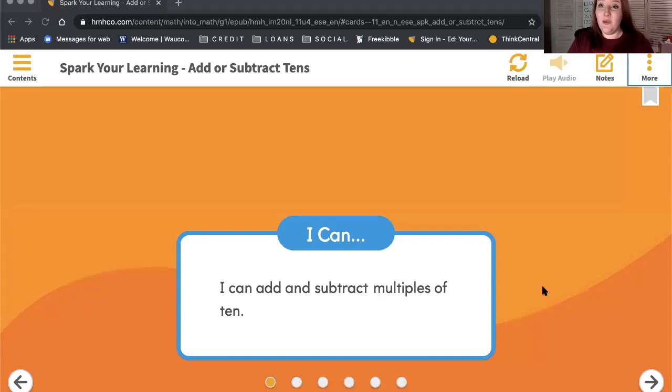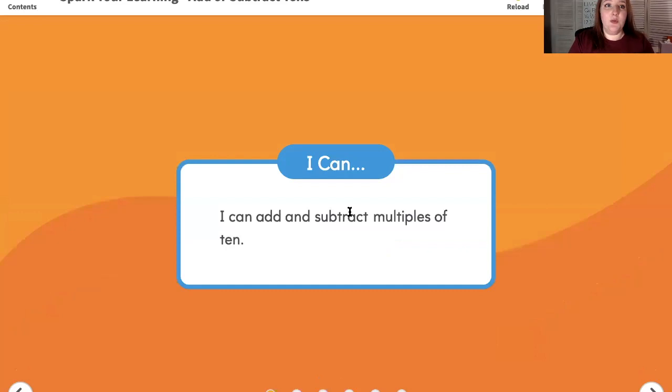So I'm going to share my screen with you. There we go. And we are going to go ahead and look at this together. This is going to be Spark Your Learning in your workbook, okay? What I have done this week is I have assigned everything on the math website, and I will also accept it if you would prefer to do it in your workbook.